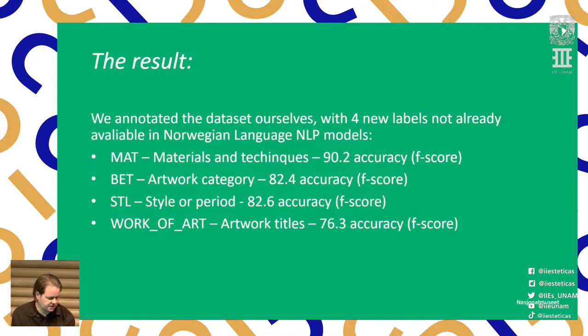What we found was that the success of training a label depended both on the number of examples of that label in the dataset, but also the variation in the context around the labeled words.